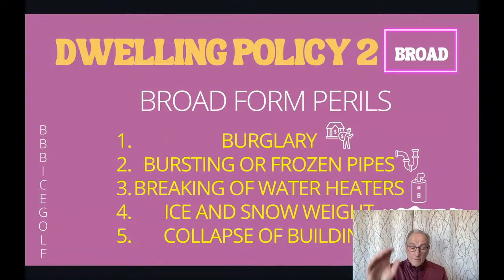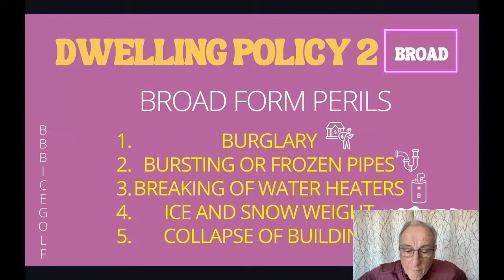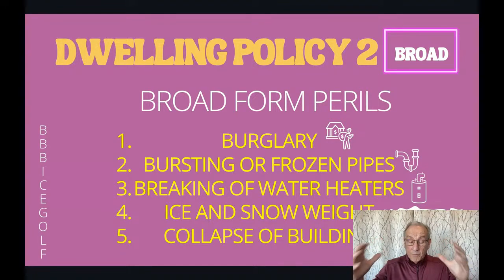I want to be clear. We're still talking about DP, dwelling policies for landlords. Okay? These policies are designed primarily for landlords. And allow me to say this: landlords are really interested in two coverages primarily. They want the building covered because if they lose the building, they lose their income, right? So they want the building covered.